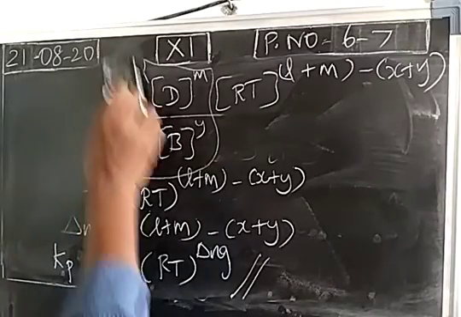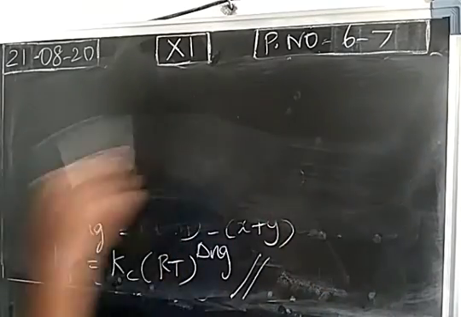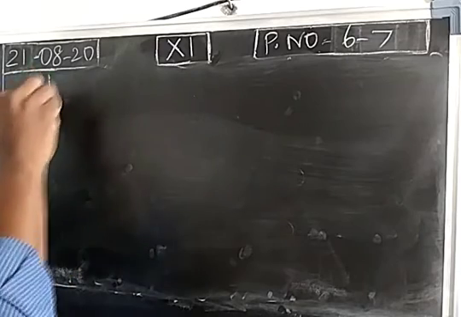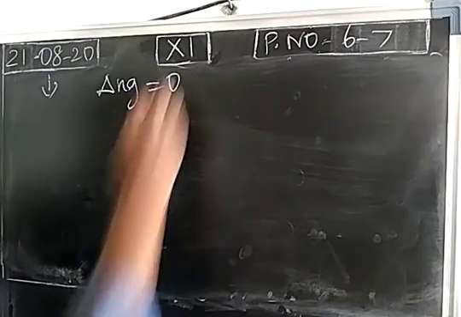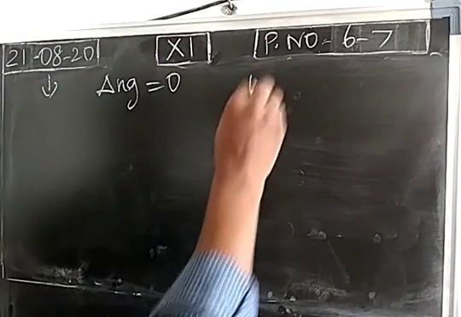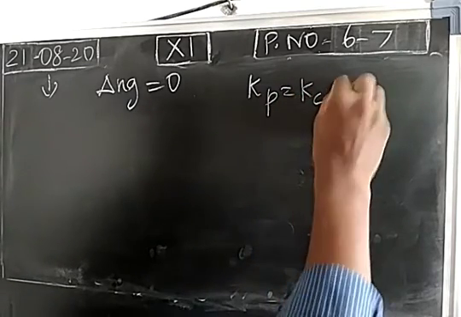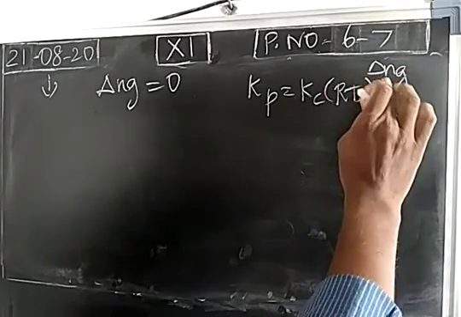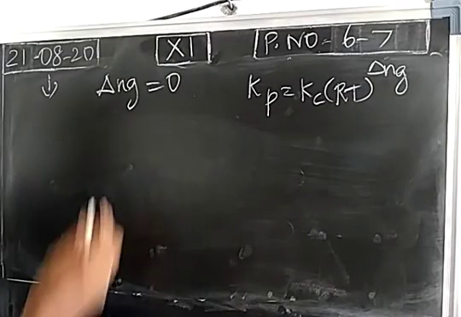In the same 5 mark question, there are 3 cases. So case 1, if the delta Ng value is 0, what is the relationship between Kp and Kc? We know the relationship between Kp and Kc as Kp is equal to Kc, RT power delta Ng. If the delta Ng value is 0, what will be the relationship between Kp as well as Kc?